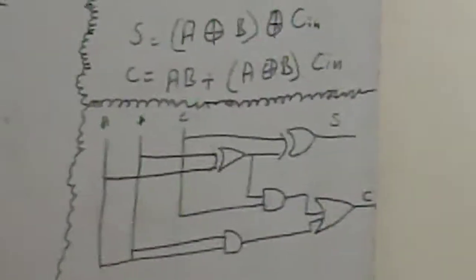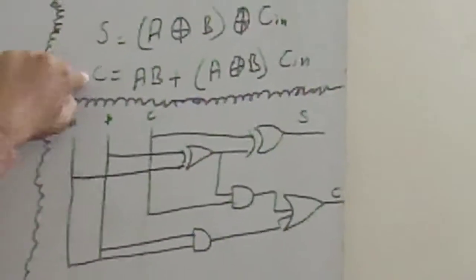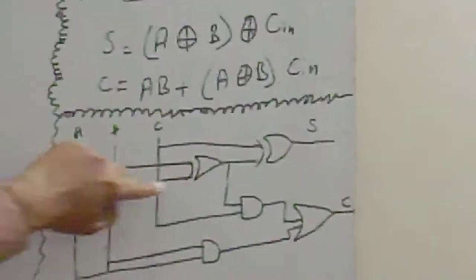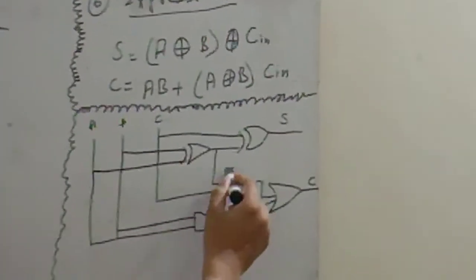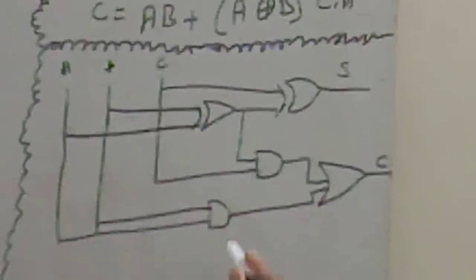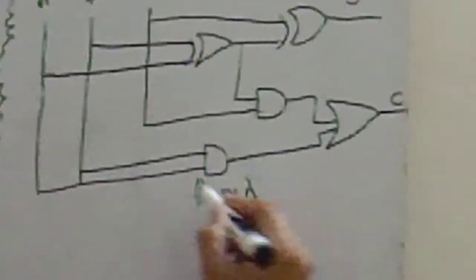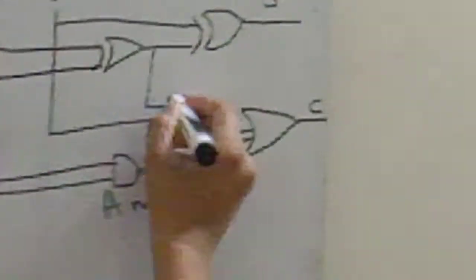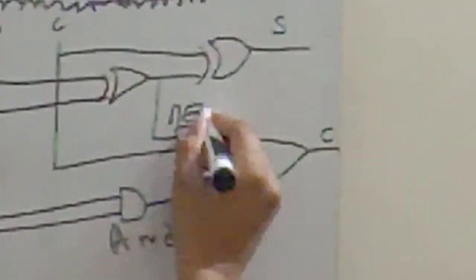On the other hand, for C we have further produced the result of A and B with the help of this AND gate. This AND gate takes the exclusive OR of A and B, and C in.